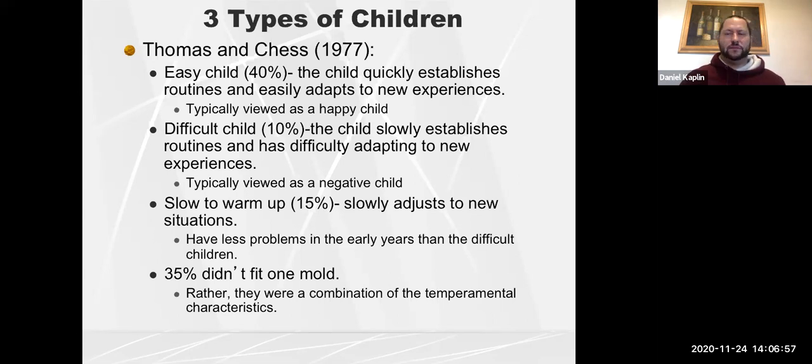Now let's demonstrate how temperament could affect parenting. If you have an easy child, your parenting is going to be fairly flexible. So let's say you have a child and it's time for them to go to bed. And you say, Johnny, it's time to go to bed.